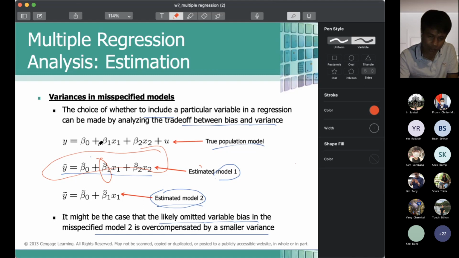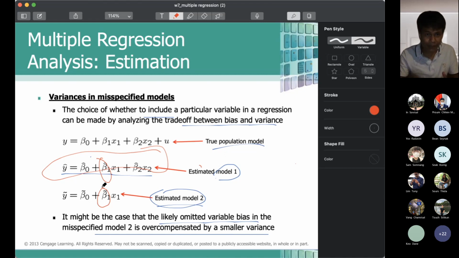For model 2, when you omit x2, it becomes a simple linear regression. So in this case, you obtain this delta 1 delta, which is biased. It is not the same as delta 1 hat, but you obtain a precise variance of delta 1 delta. All right, so this is a trade-off.